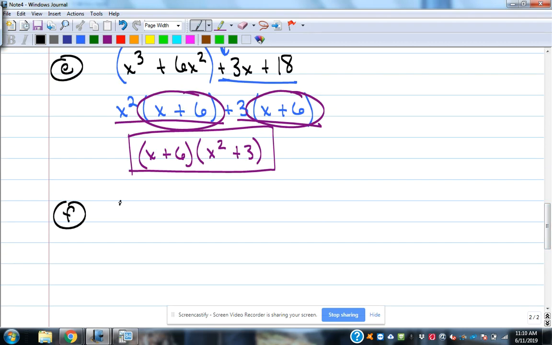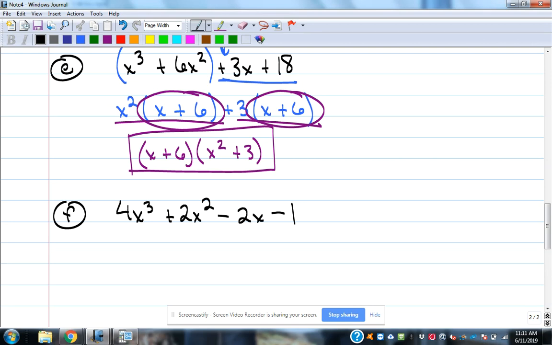Let's say we had 4x to the third plus 2x squared, excuse me, minus 2x minus 1. So what's the first thing we always check?